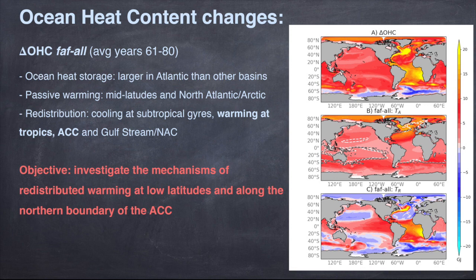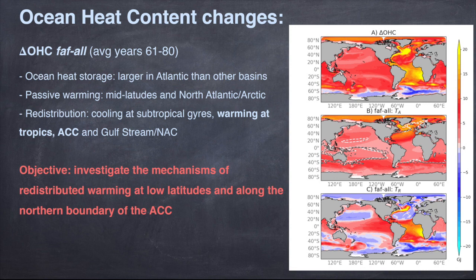We can see that most of the heat is stored in the Atlantic Ocean, so it's larger than in other basins, and the Pacific. The added heat is mostly found at mid and high latitudes, but especially in the North Atlantic and in the Arctic, while the redistribution has important warming or heat storage at low latitudes, especially in the Atlantic and Pacific basins, but it also has a significant contribution along the ACC and in the path of the Gulf Stream.